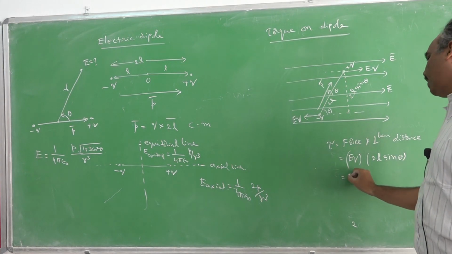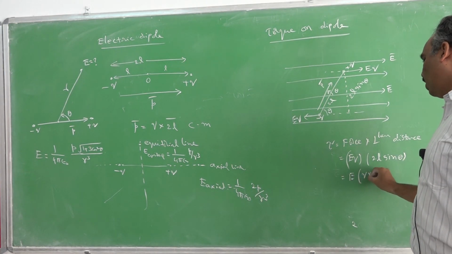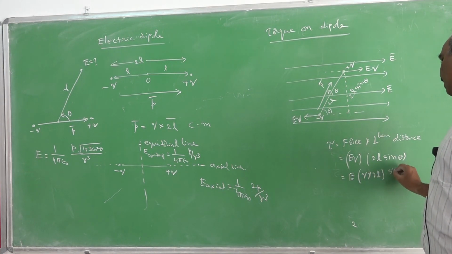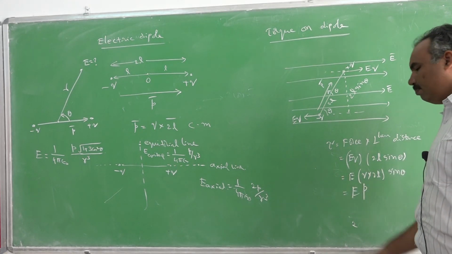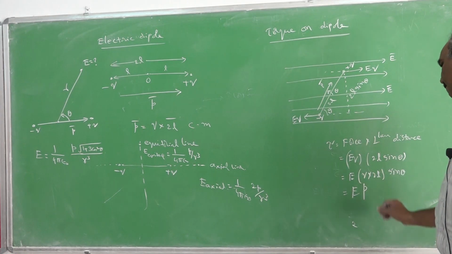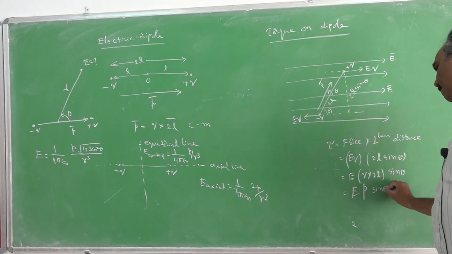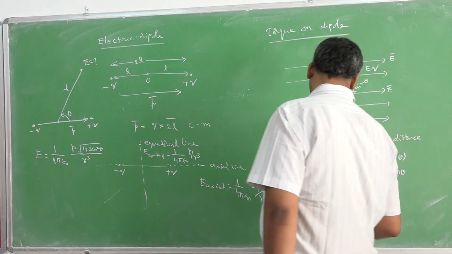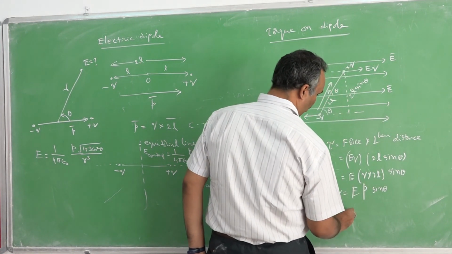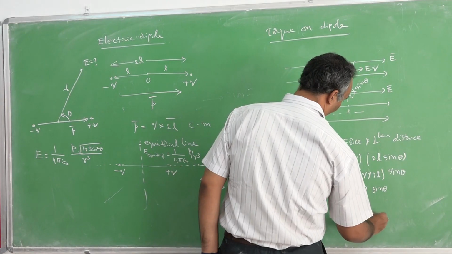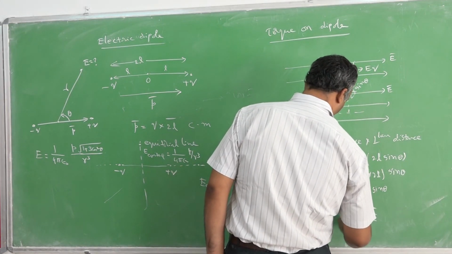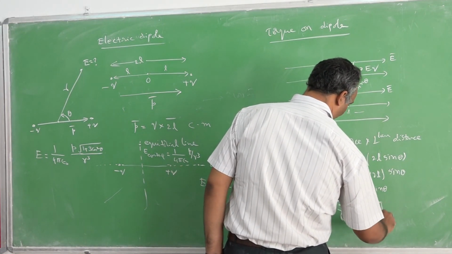By taking Q into 2L and sine theta, E into Q into 2L is called p, so torque is EP sin theta. If you want to represent it as a vector, tau bar can be represented as P bar cross E bar. This is the torque acting on the dipole.